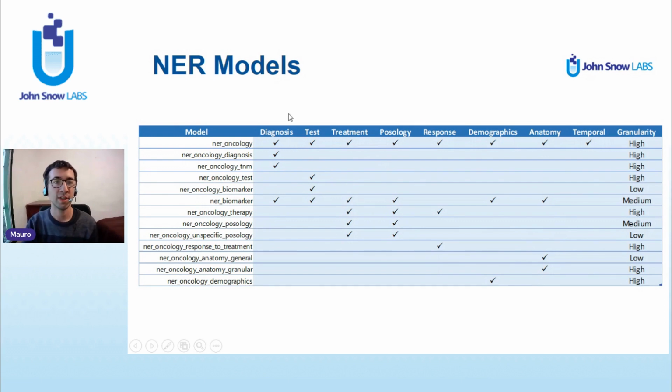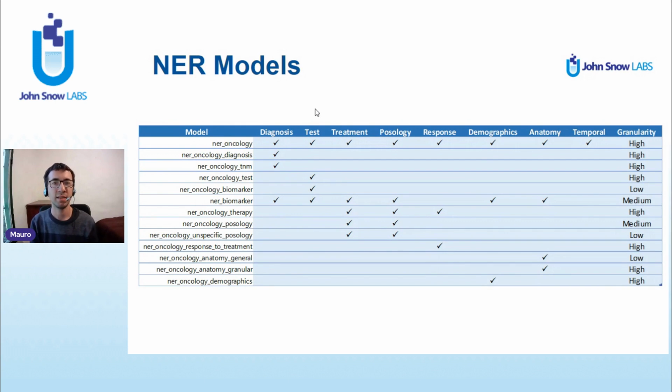Those groups are diagnosis-related entities, tests, treatments, posology, response to treatment, demographic information, anatomy, and temporal information. Different models also have different levels of granularity. This means that high granularity means that the taxonomy has more labels, and lower granularity means that it has fewer labels.